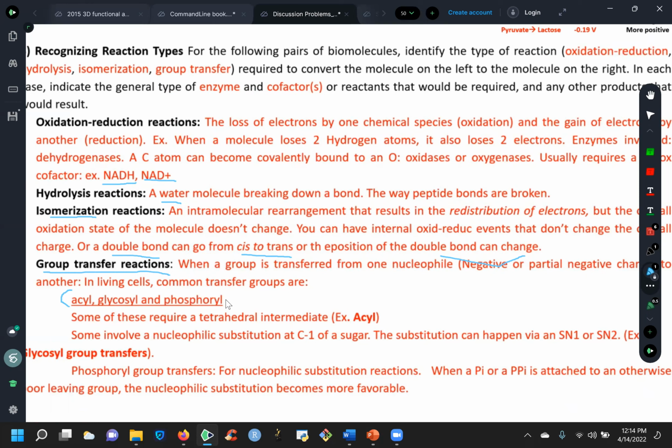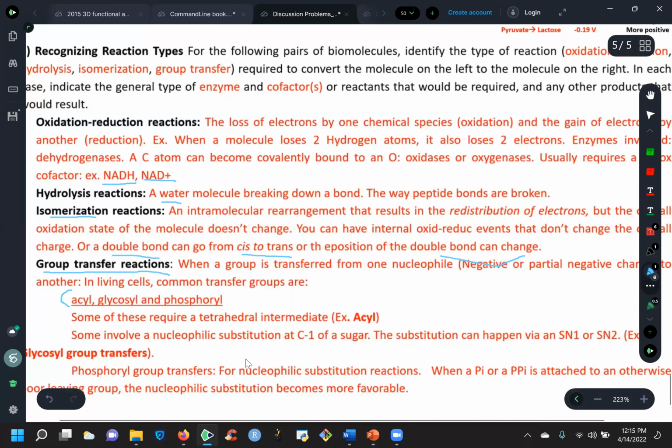And I want you to memorize these functional groups because otherwise you won't be able to get this question correct on the exam. Okay, I want you to just see it and be like, oh, that's an acyl group. And in this molecule, it was attached to the phosphate, and now it's attached to something else. So that was a group transfer reaction. You're going to be really good at that if you memorize those functional groups.